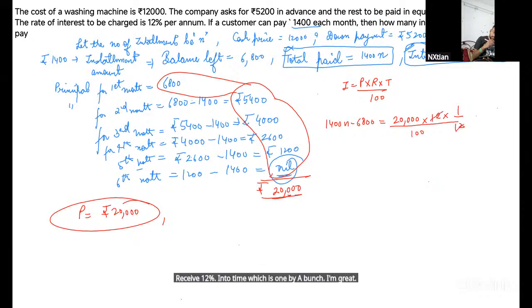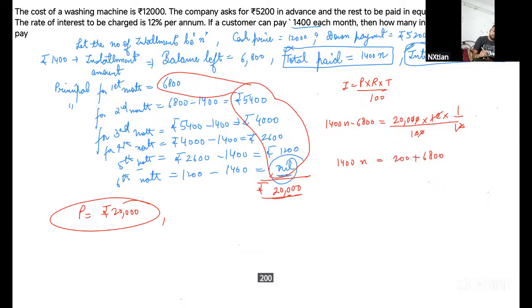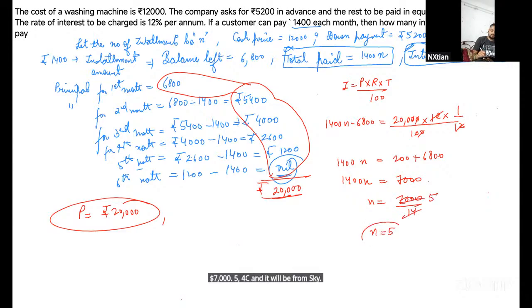Now this and this will cut, so it will become 1400 N is equal to 200 plus 6,800. 1400 N is equal to 7,000. N is equal to 7,000 by 14, and it will become 5. So it means the number of installments which I am paying is 5.